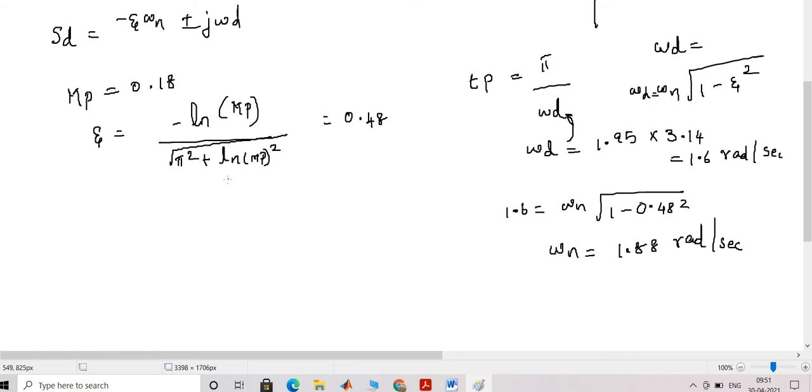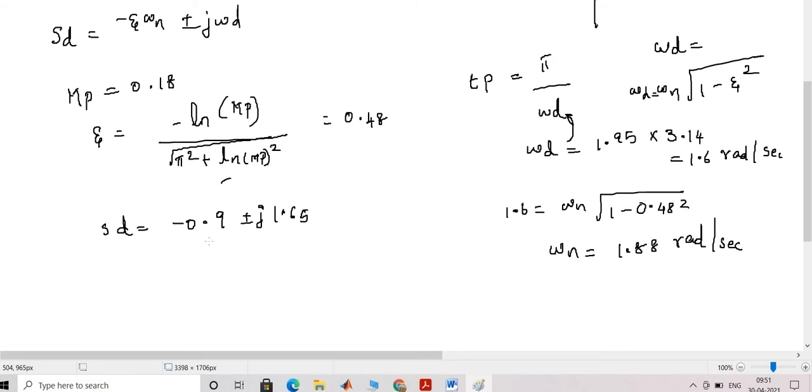So we can write SD is equal to minus 0.9 plus or minus j 1.65. These are the dominant poles, a complex conjugate pair located in the left hand side of the S plane.